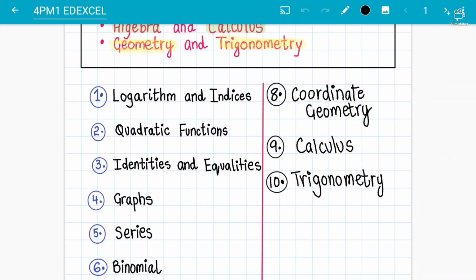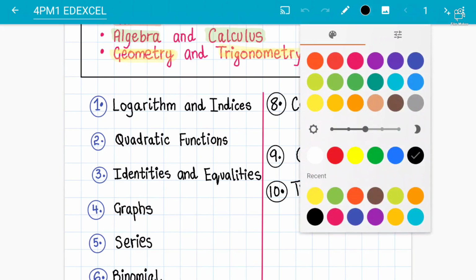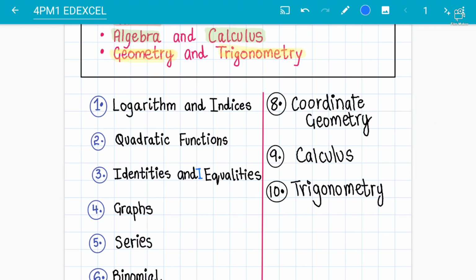Then the second chapter talks about quadratics, where we should know completing the square, the quadratic formula, and how to get the roots, where alpha and beta come in. There are inequalities as well, basically identities and inequalities, how to do the shading region, and how to apply the identities.